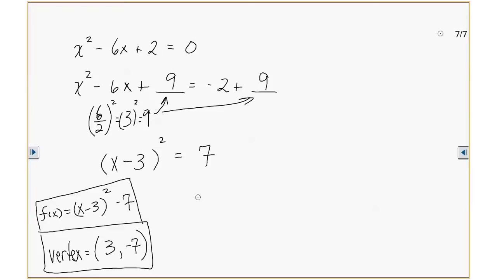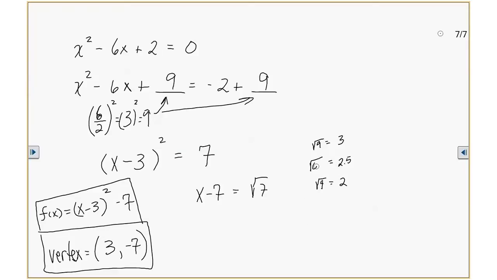Square root of both sides will give you x minus 7 is equal to the square root of 7. Well, you can do the square root of 7 in your head. The square root of 4 is what? 2. The square root of 9 is what? What's between 2 and 3? 4 and 5 is 2.5.